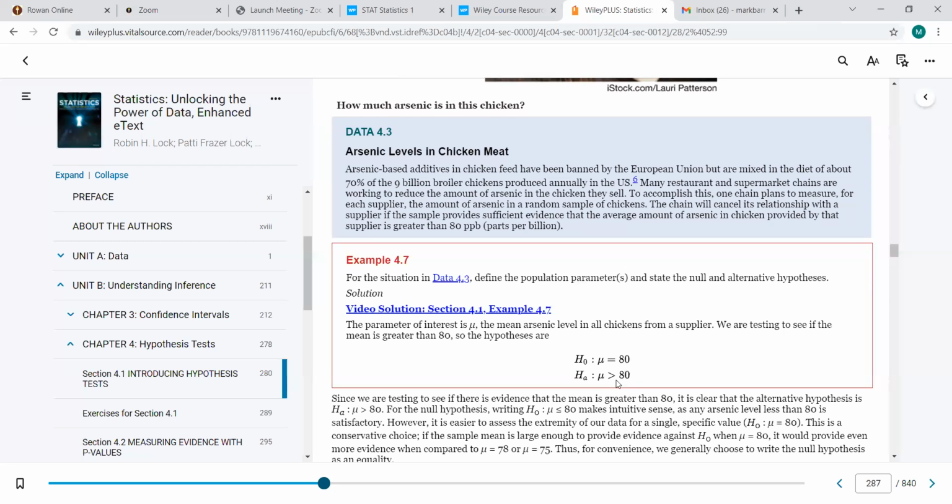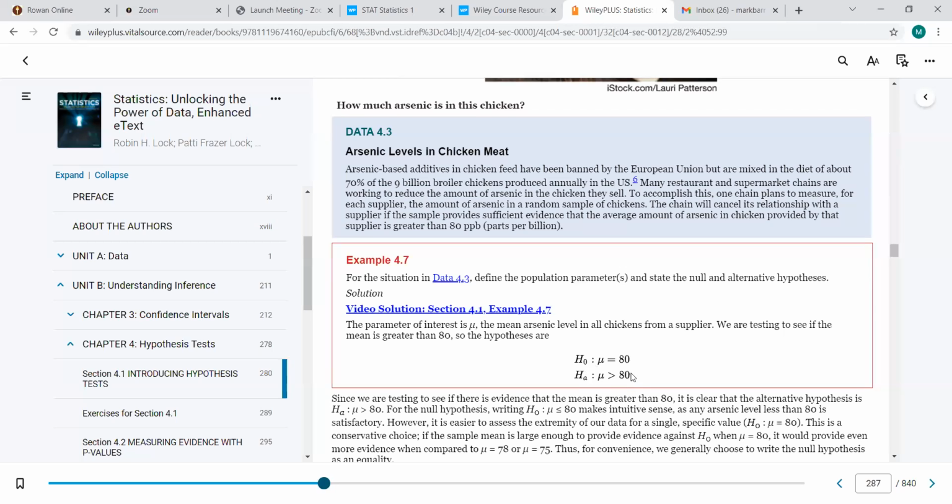But the alternative hypothesis for this particular case is that the mean is greater than 80, because that's what the chicken chain wants to test, to see if they want to continue having a business relationship with that supplier. So the alternative hypothesis is mu is greater than 80.